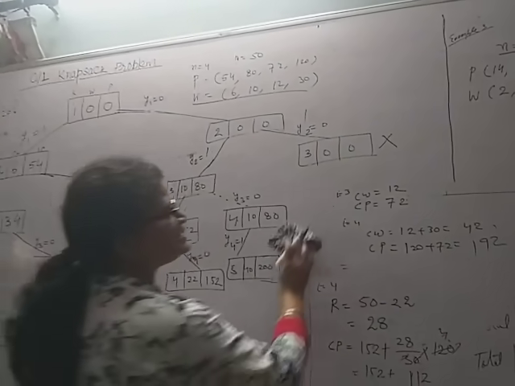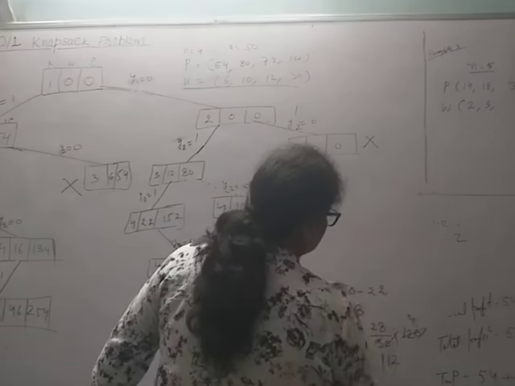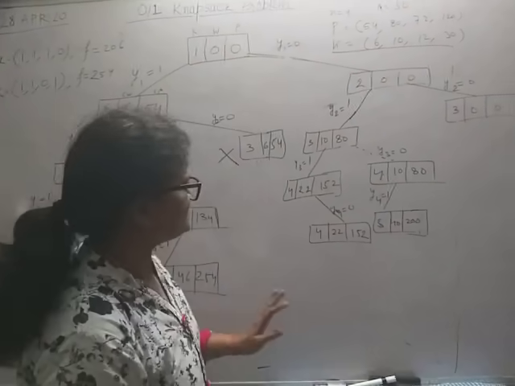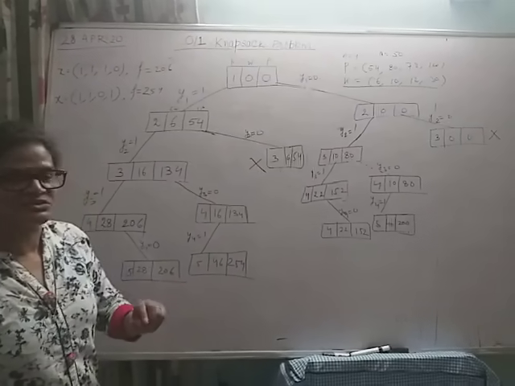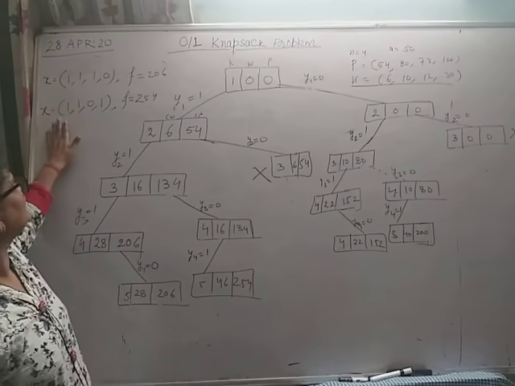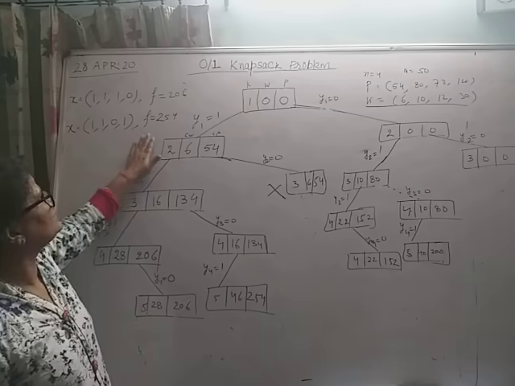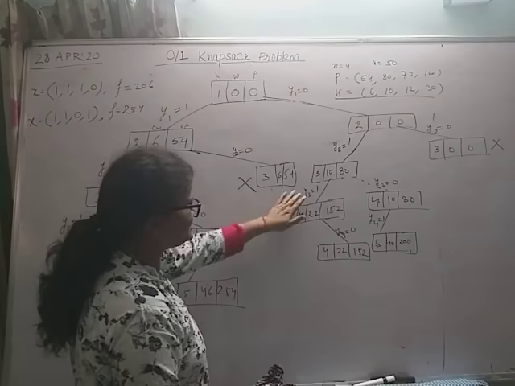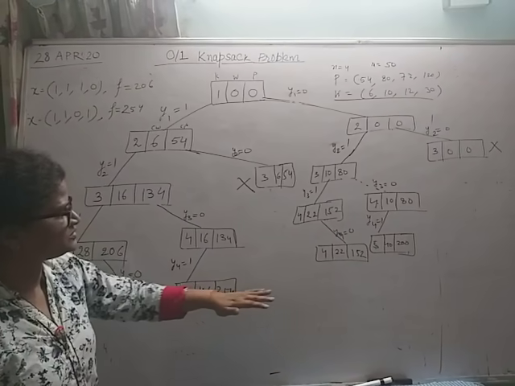In this way the whole tree is explored, and only one solution vector is generated at the end, 1101, whose profit is 254. You should draw this so that all the leaf nodes are at the same level.